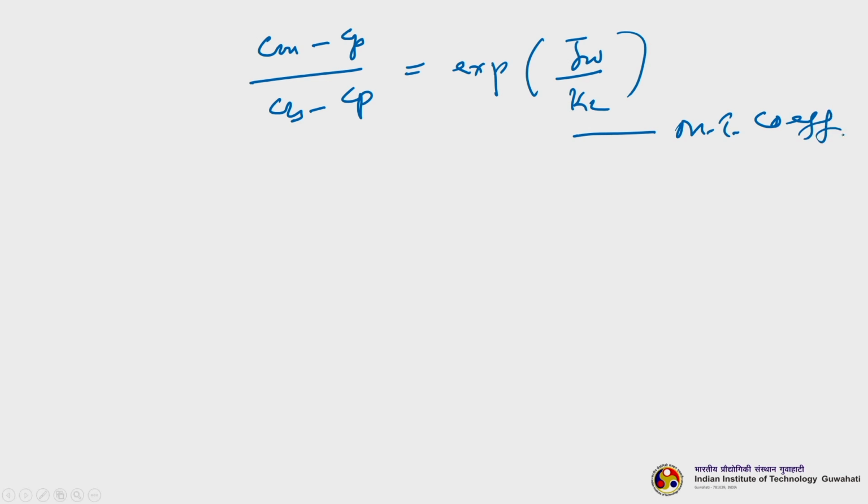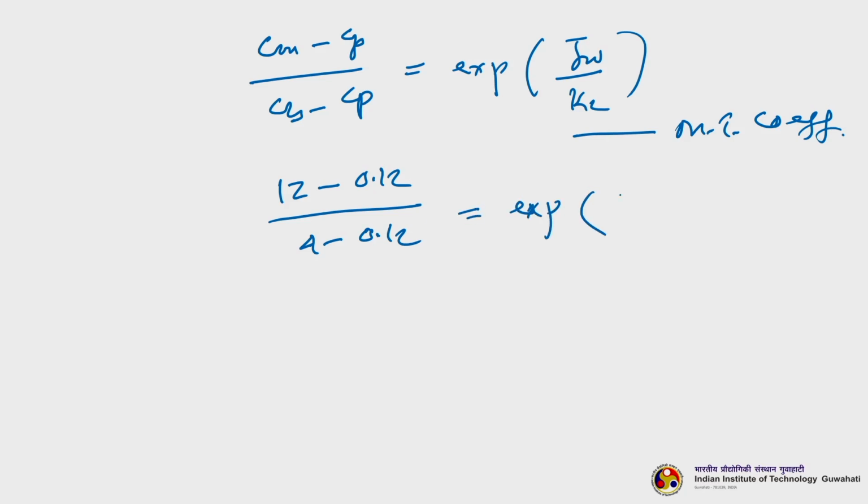Now please substitute all the values. Cm is 12 minus 0.12, divided by Cb is 4 minus again 0.12, equals exponential to the power of Jw by Kl.